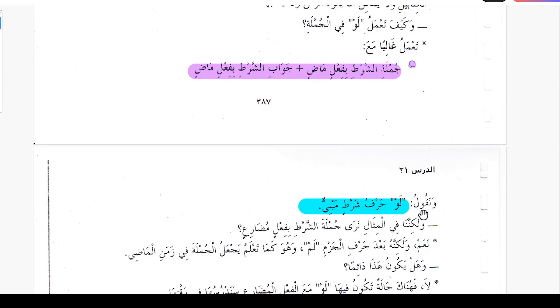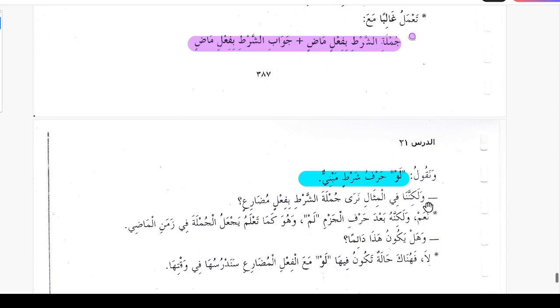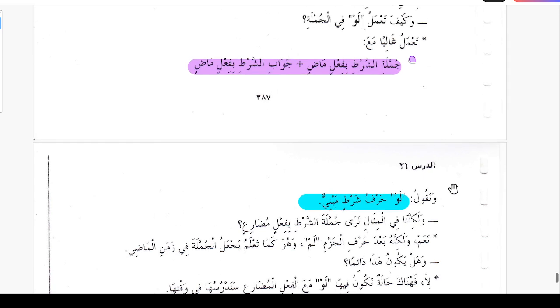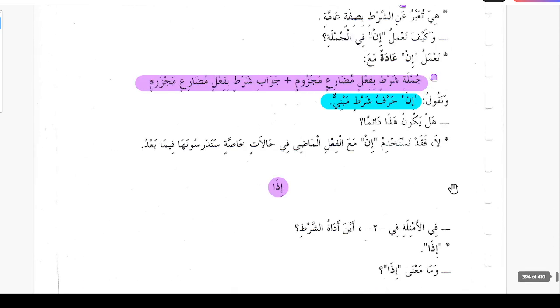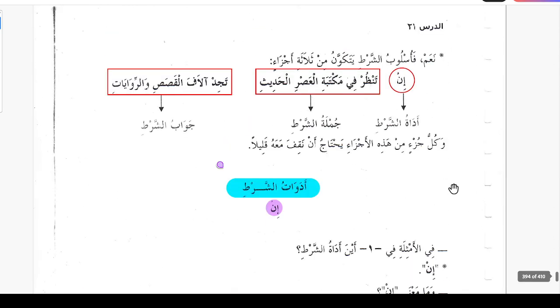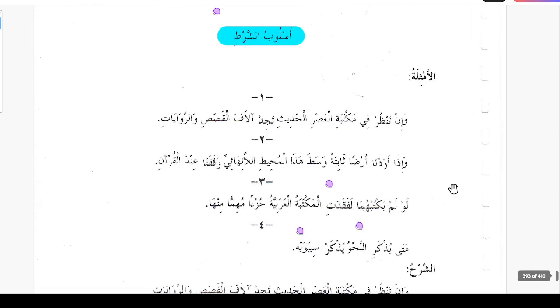And what is law? Law is harfu shart mabni, the particle of condition which is mabni. But in the example, we see that the jumla shartiya has a fe'l mudare. So we have to go back to the example.